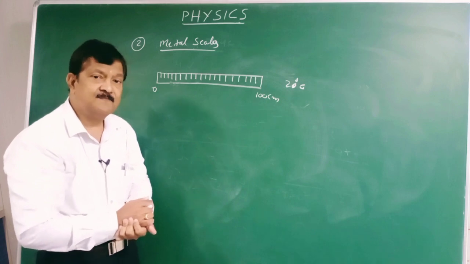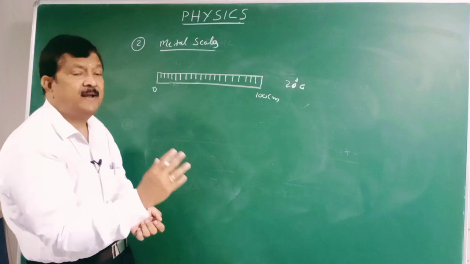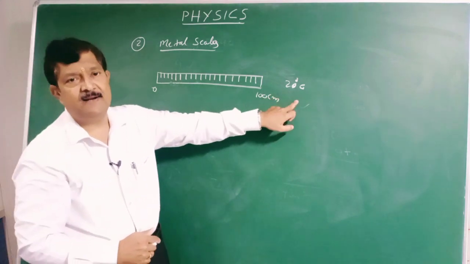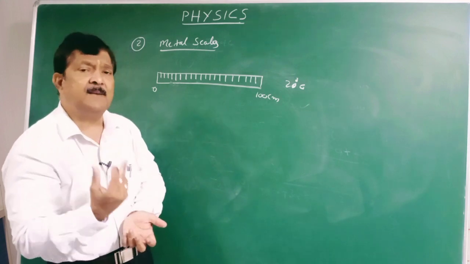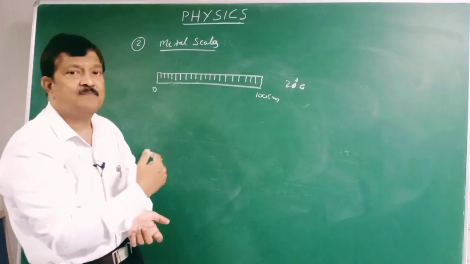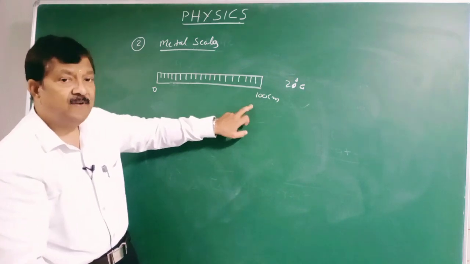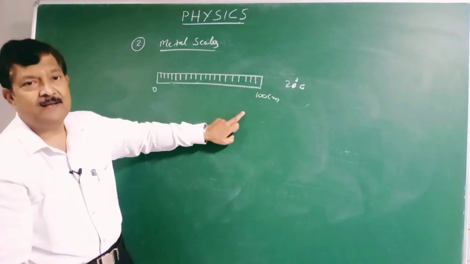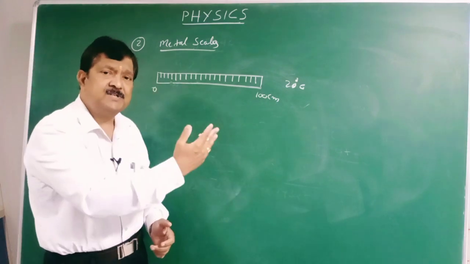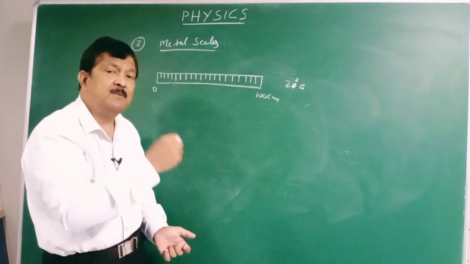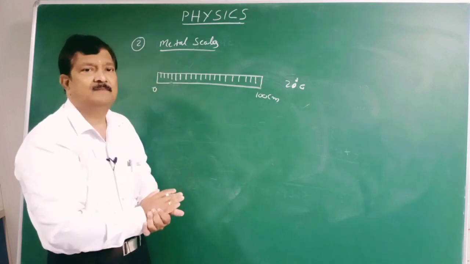It is perfectly prepared to measure at 20 degrees centigrade, but we are using it at a very high temperature. Corresponding to this change in temperature, it will expand. When the length expands, the length of the scale will not be equal to 1 meter. The initial length is 1 meter, but because of expansion, the total length will be something more than 1 meter.